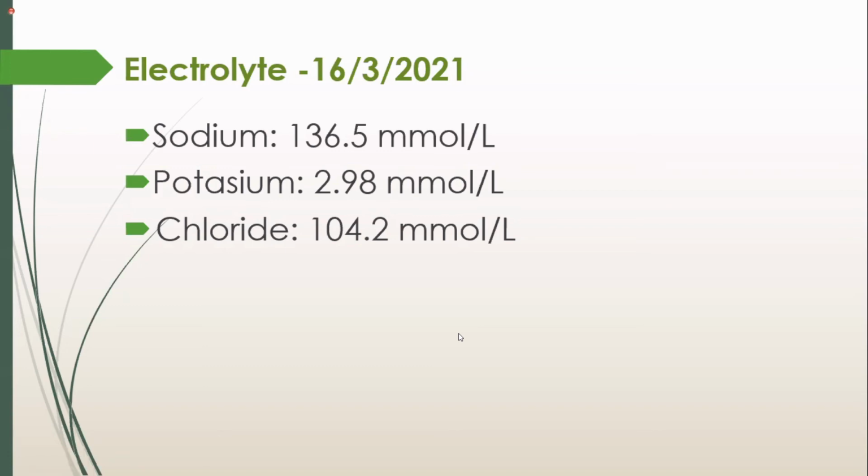Give potassium if the kidney function is normal. Yes, her kidney function is normal, so you're not going to cause any problem giving potassium. I don't know why she has really low potassium levels on the first two days. Because she has urinated it out with her polyuria and polydipsia.